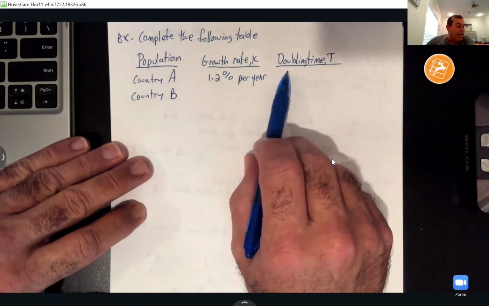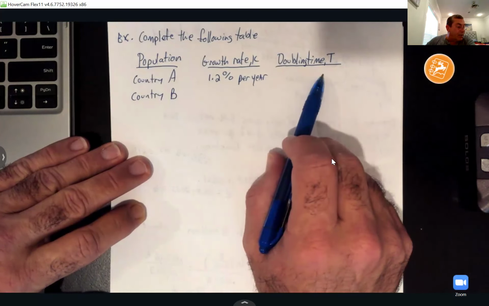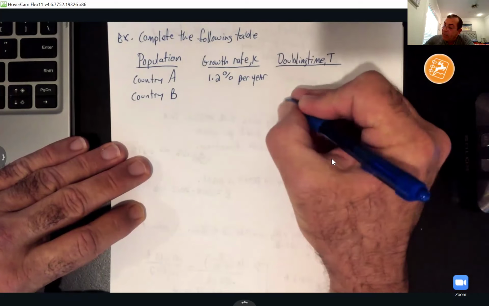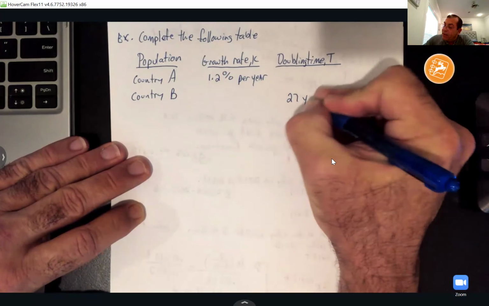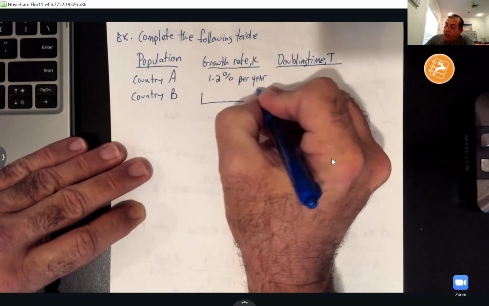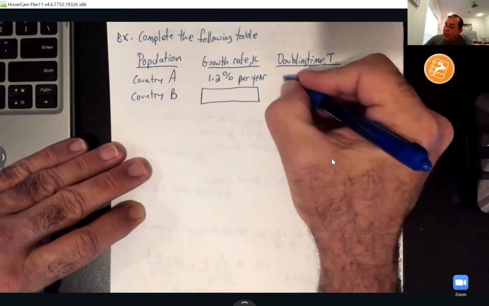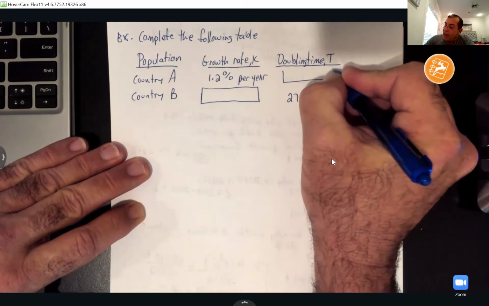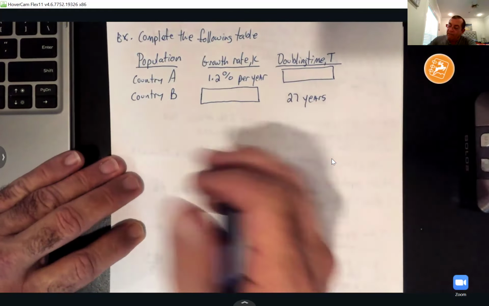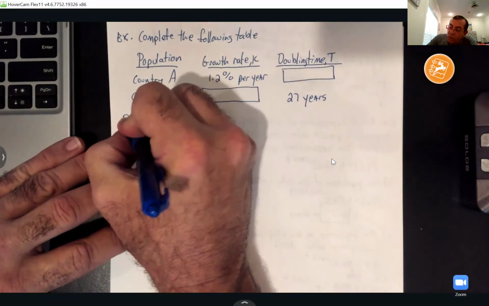Now on the doubling time, they didn't give me country A's doubling time. They gave me country B's doubling time, which was 27 years. So I'm looking for the growth rate of country B and the doubling time of country A. So y'all, let me give you the two formulas.